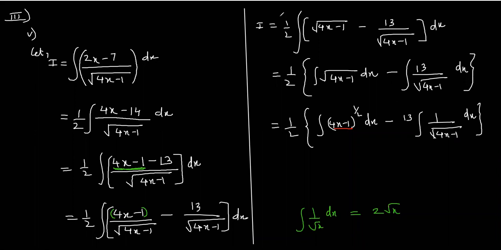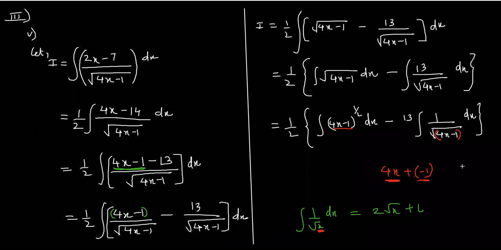But sir, here we don't have 1 upon root x, we have 4x minus 1. No worries. Why? Because x can be replaced by ax plus b. 4x minus 1 is ax plus b, so that is again allowed.